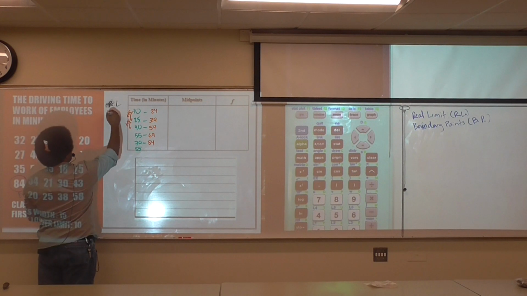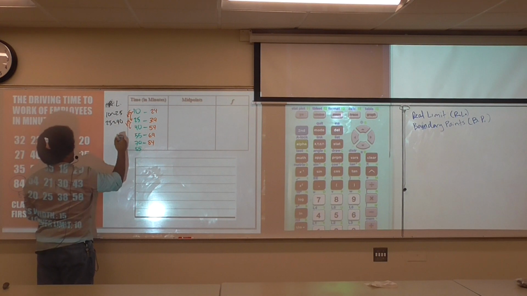So come over here, we know the real limit is going to be pretty much 10 to 25, followed by 25 to 40, 40 to 55, 55 to 70, and 70 to 85.